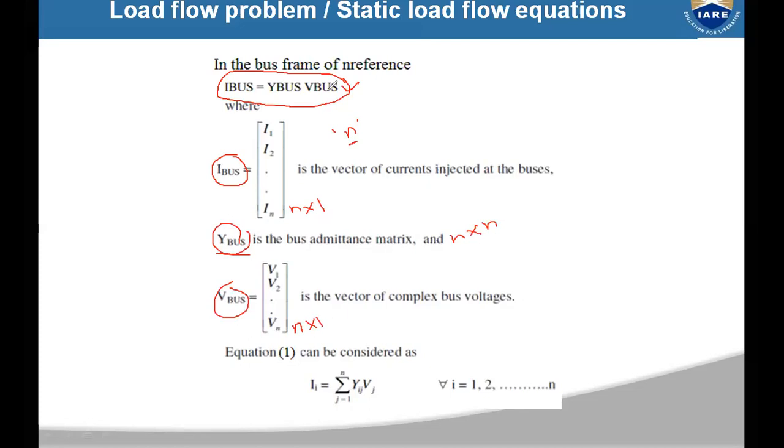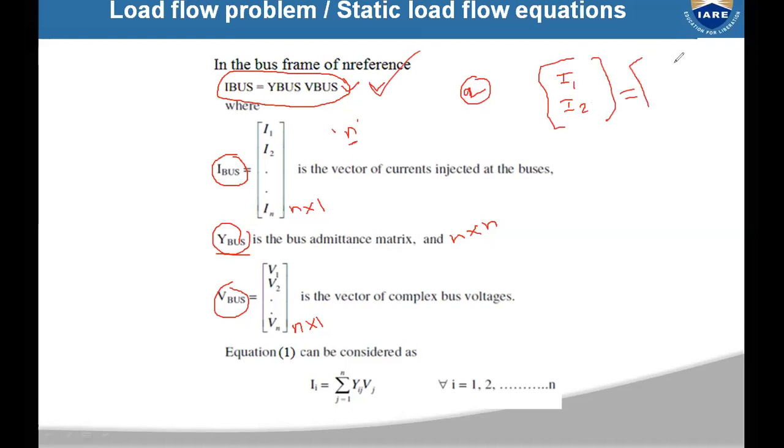Okay, now from this equation, I bus is equal to Y bus into V bus. Suppose you assume there are two buses, then from this you can write two equations. So you will have I1, I2, the current vector at these two buses. So this is one vector. This is equal to Y bus.